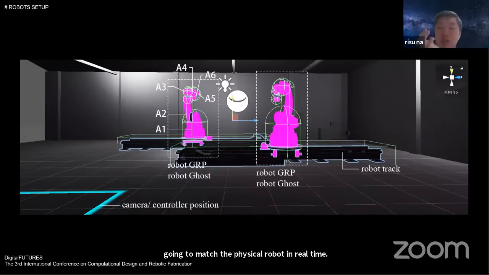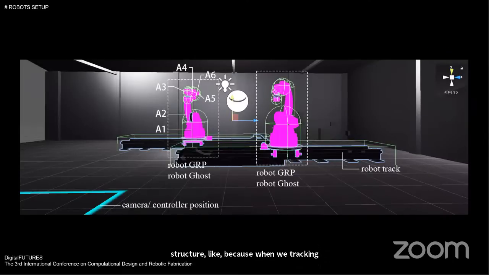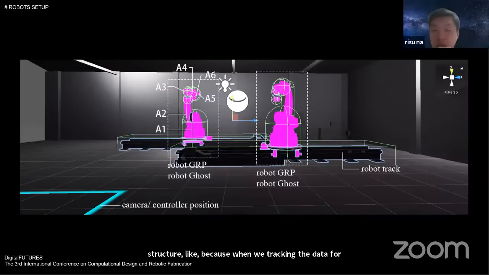The robot ghost is a data structure. When we track the motion data from the hand controller, the hand controller is not very stable and there are a lot of unnecessary behaviors from the users. So we have a data filtering process that filters out some outliers and some bad behaviors. It puts that data into the robot ghost, and the robot ghost sends that data to the robot group.